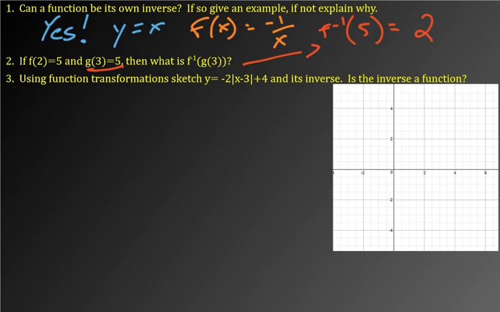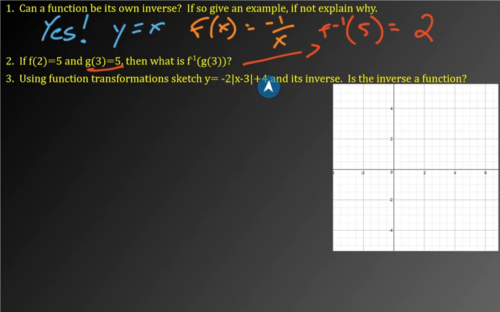This one asks basically to first sketch this thing out and its inverse, and then is the inverse a function? So kind of using the graphical method to find inverses. So, just a quick recap with function transformations. That's a shift right 3. That's a vertical stretch by 2. That's a vertical flip.